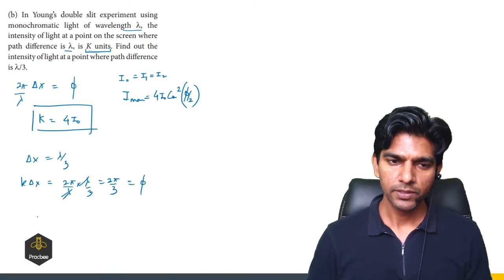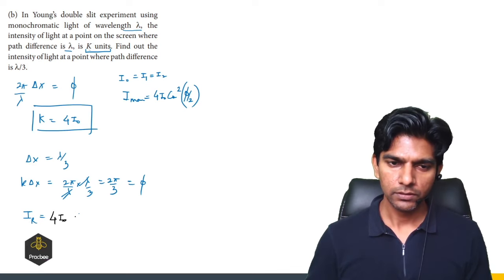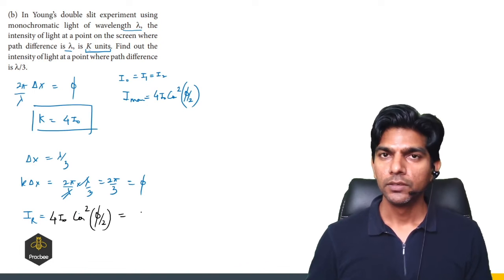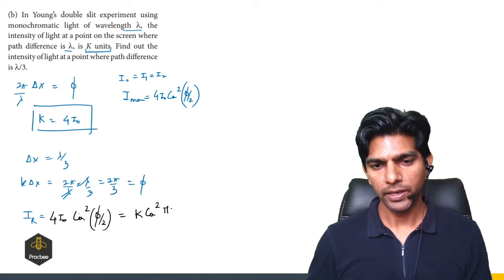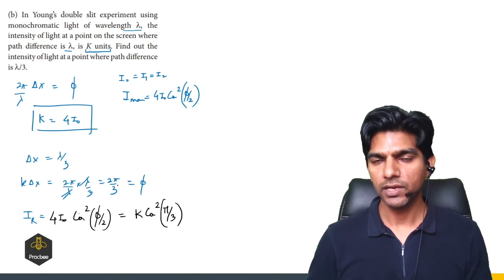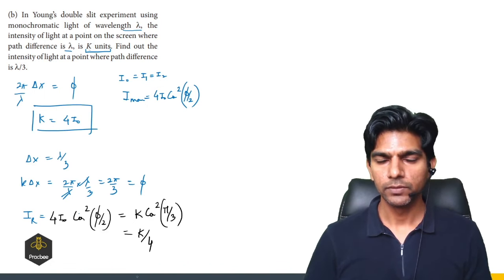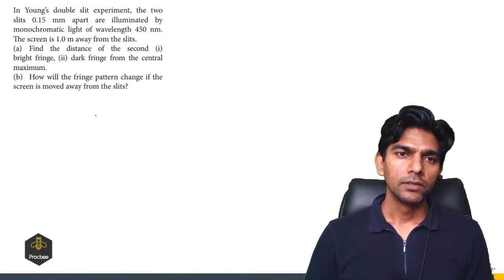So let us apply the intensity formula, which is 4 I naught cos square phi by 2. 4 I naught is nothing but k. So cos square pi by 3, because half of 2 pi by 3 is pi by 3. And cos pi by 3 is 1 by 2. So this will become k by 4, right? So k by 4 is the answer to this question. Now let us see the next question.